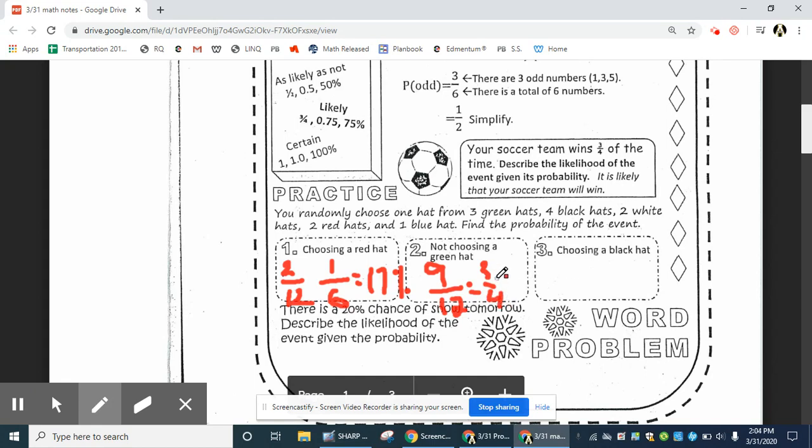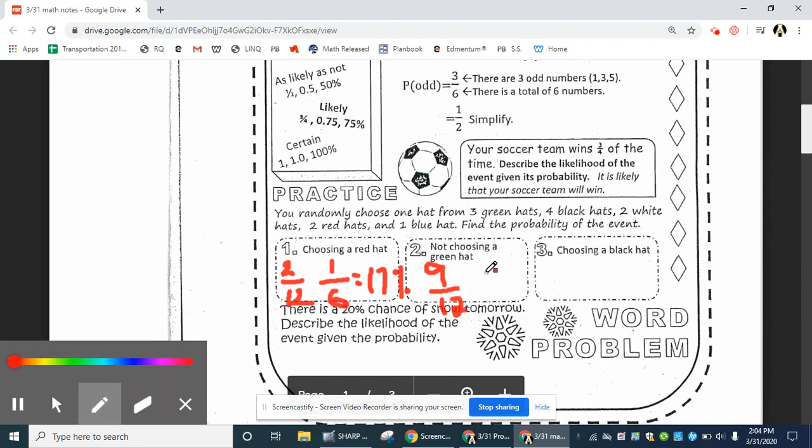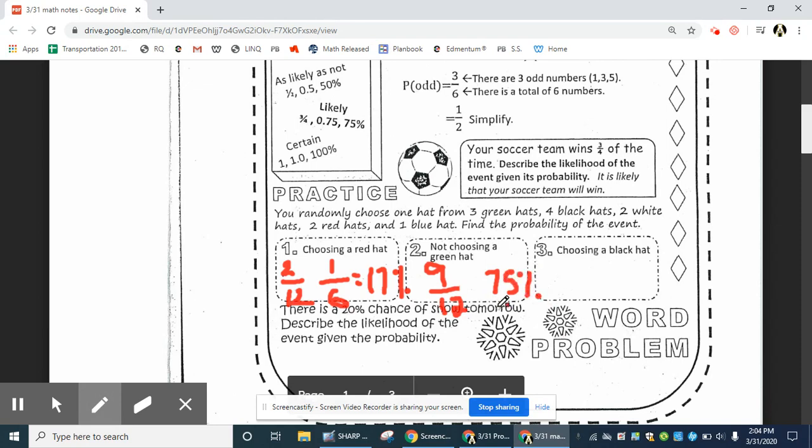I would describe that as being likely to happen because it's around 75%. Whereas number 1 would be unlikely to happen. It's not impossible, but it is unlikely.